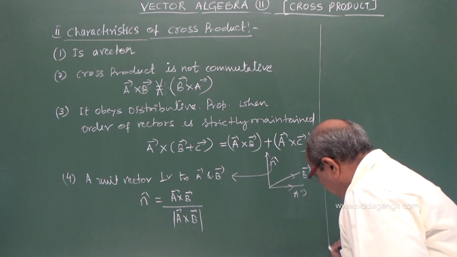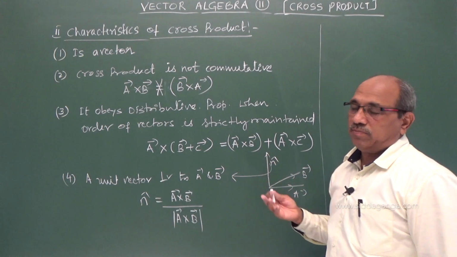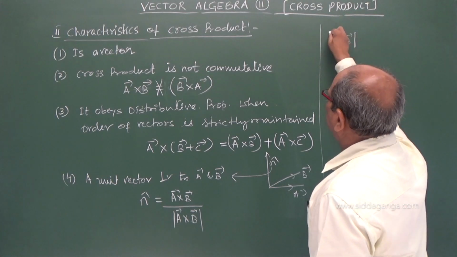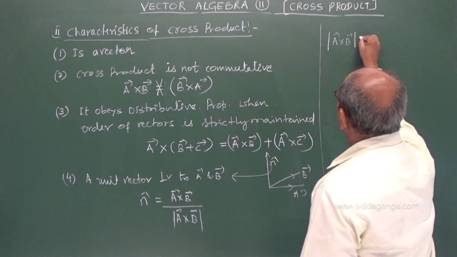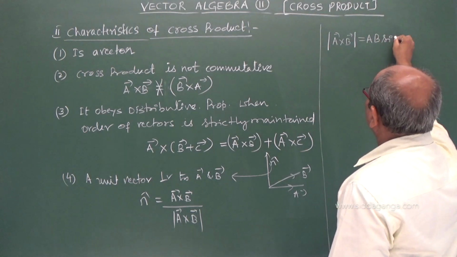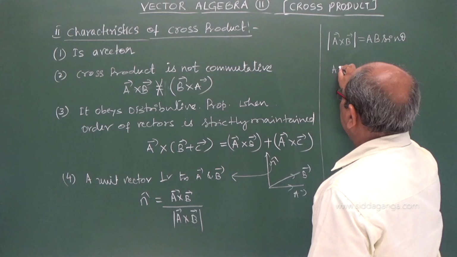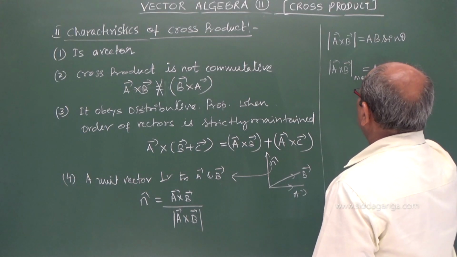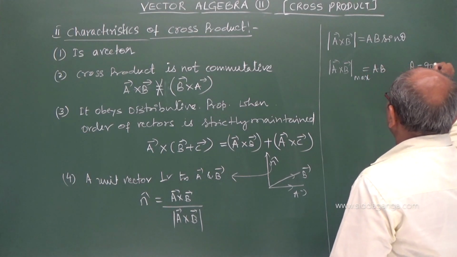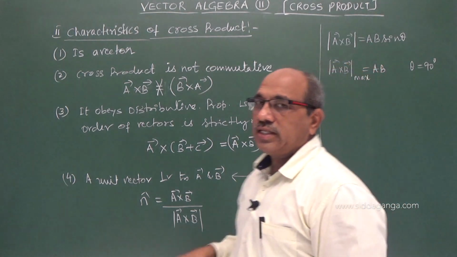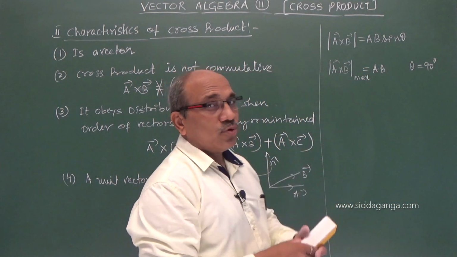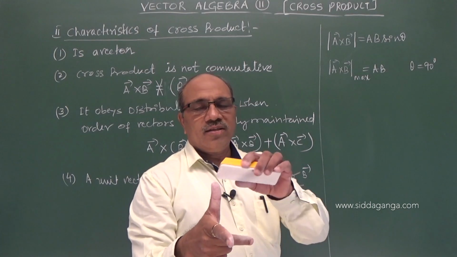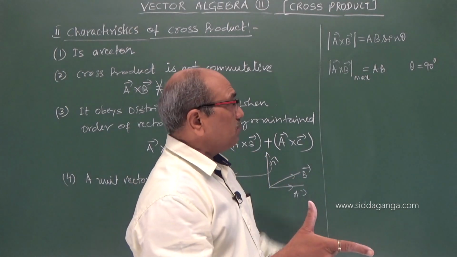But before concluding, I say when the vector is maximum. You come to know the A cross B magnitude, only I prefer magnitude here, directions you already know. A cross B is AB sin theta. This A cross B will take maximum value equal to AB if theta is 90 degrees. That means the angle between A and B is 90 degrees, then A cross B becomes maximum.